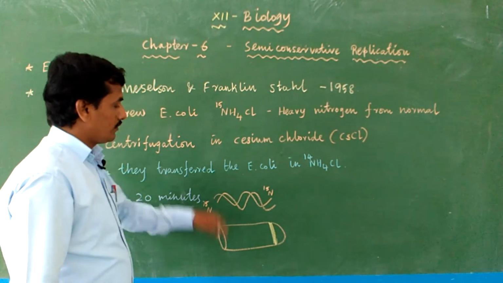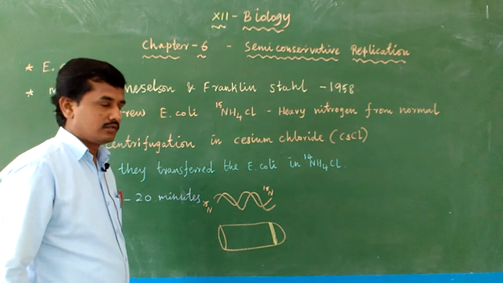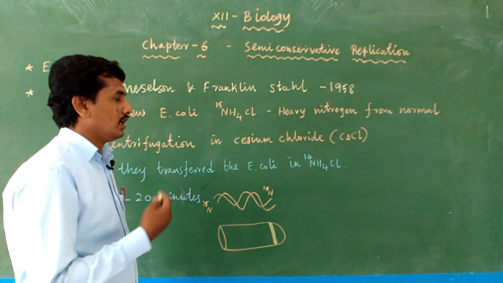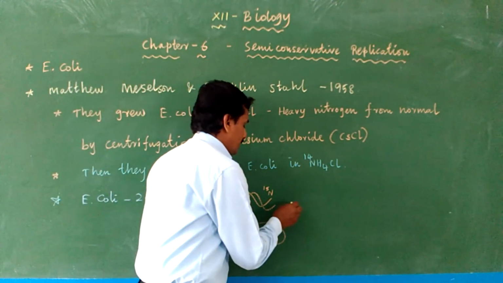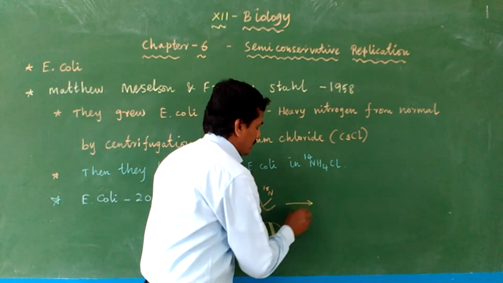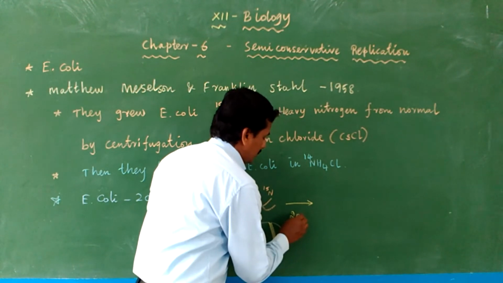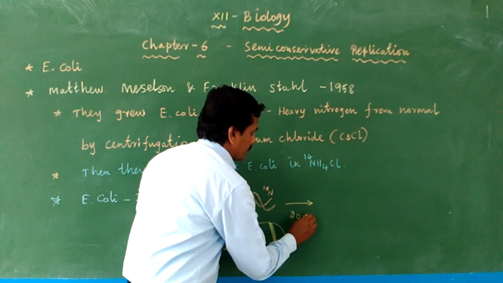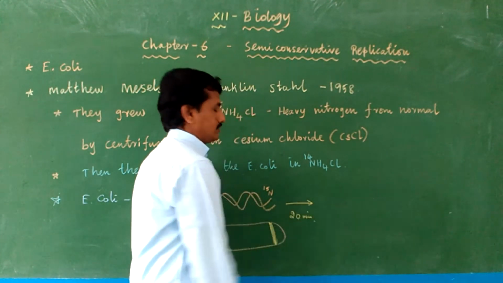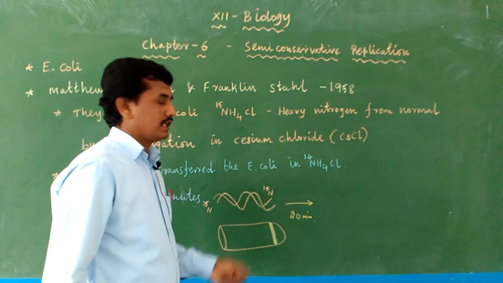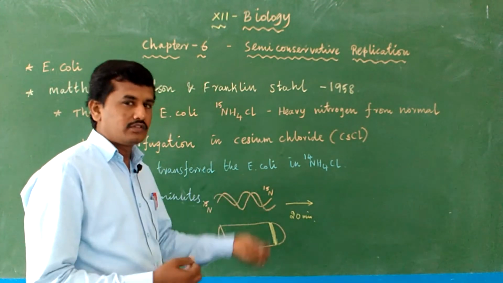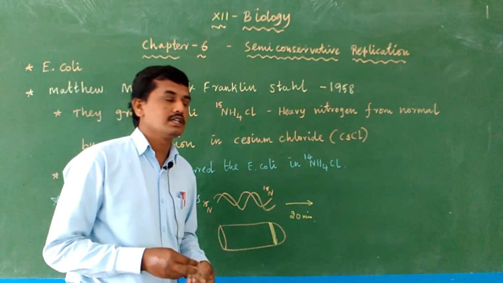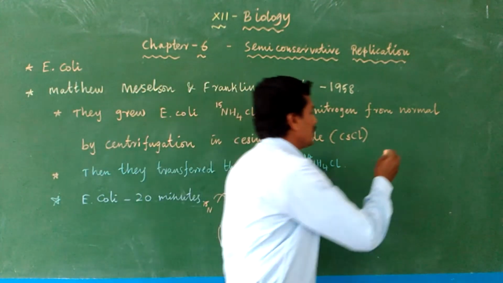Then, after several generations, in the next generation, after 20 minutes, the bacterium multiplies and produces a new generation. In the next step of this experiment, we add ammonium chloride.